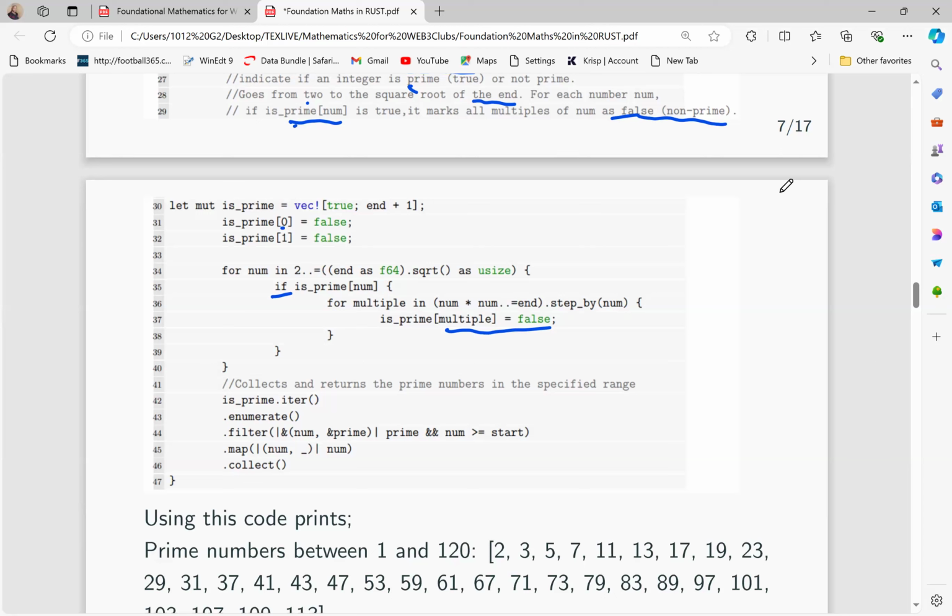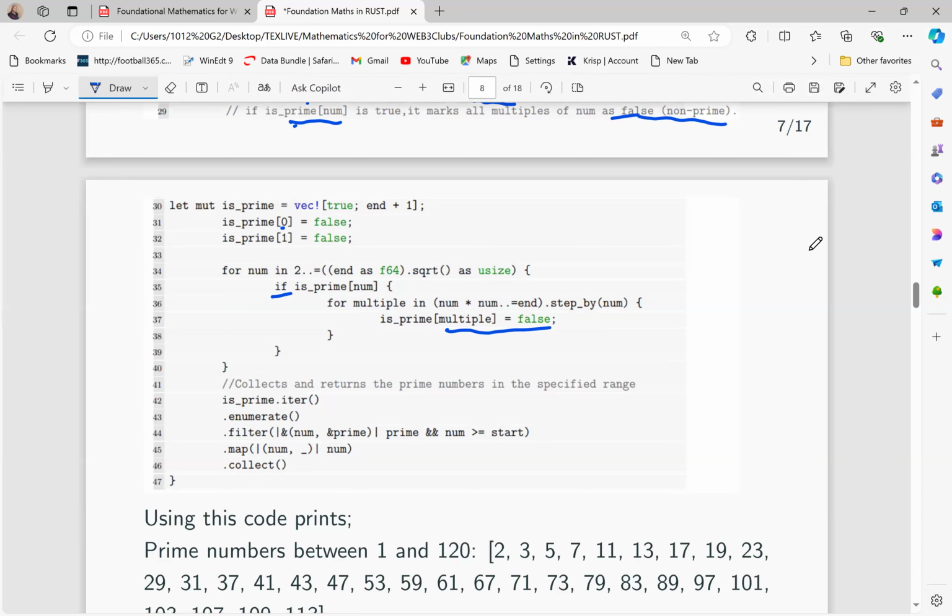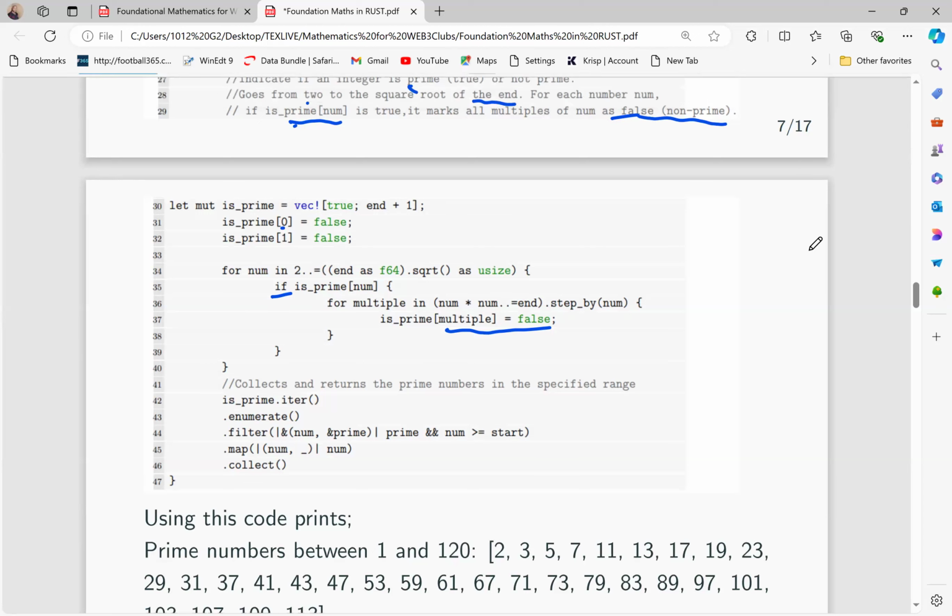Okay. So what I was saying is it goes from step to step. It began with the 2. After beginning with 2, which is a prime number, it will move through all those numbers, marking the multiples of 2 false, because they can never be prime numbers and are divisible by 2.